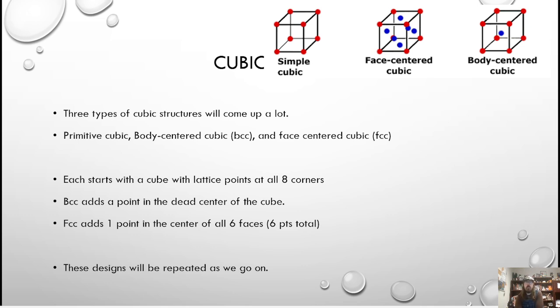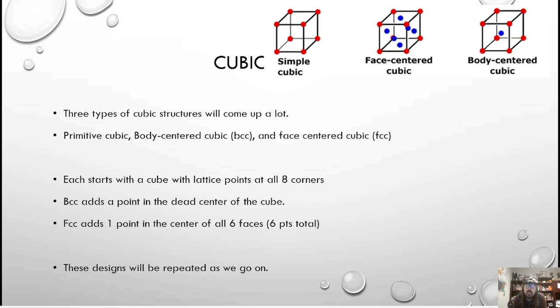Now, there are 3 very common unit cells that will come up a lot, and they have their own terminology. We have the simple cubic, where we hold the lattice with the atoms only in the corners of the cube. We have a body-centered cubic, which starts with a simple lattice, and we put a single atom into the center of that cube as well.